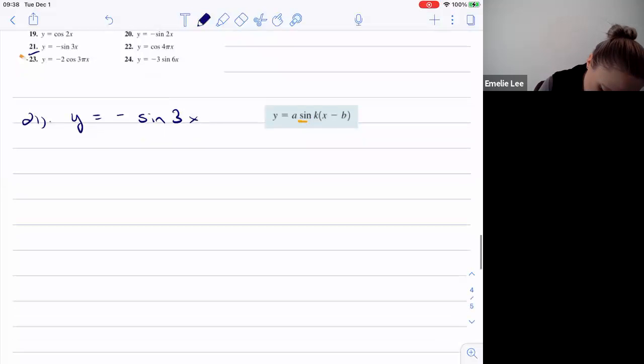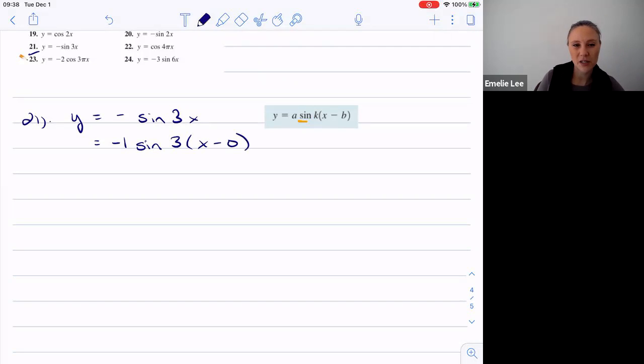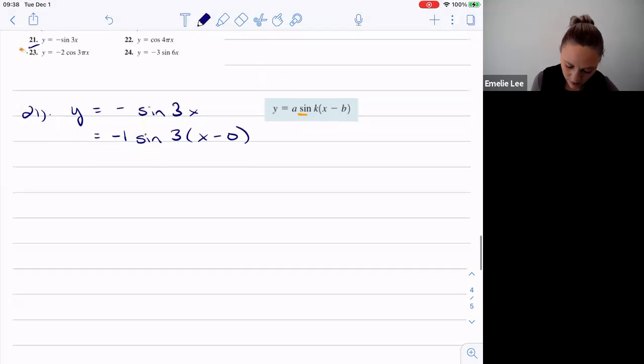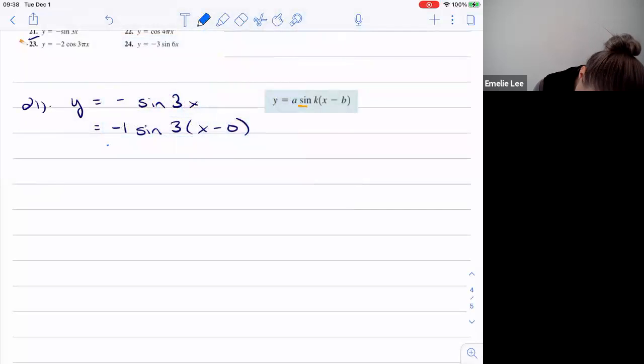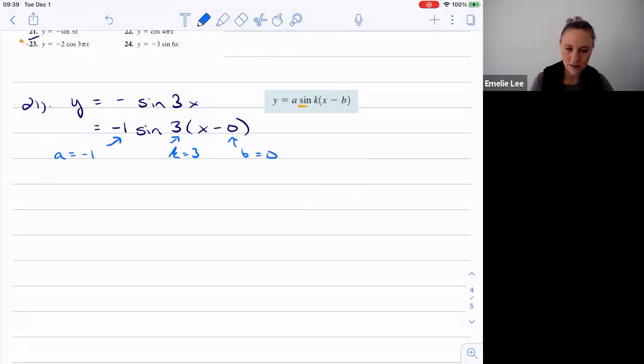So we rewrite this as -1 sine 3 times x minus 0, to make it match the standard form, so that I can see what k is, what b is, what a is. Here a is -1, k is 3, and b is 0.